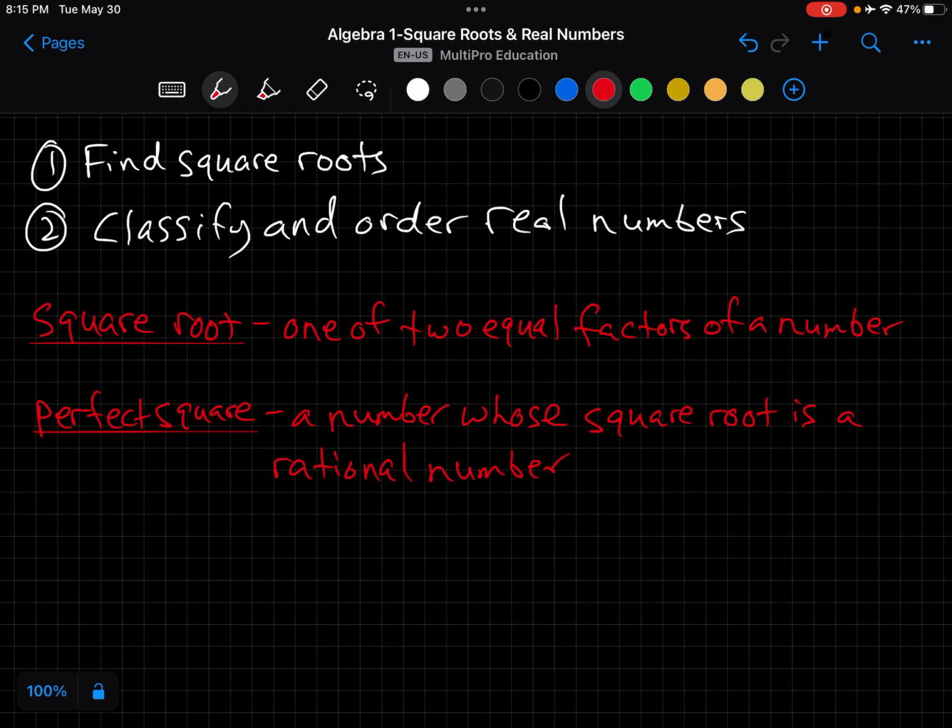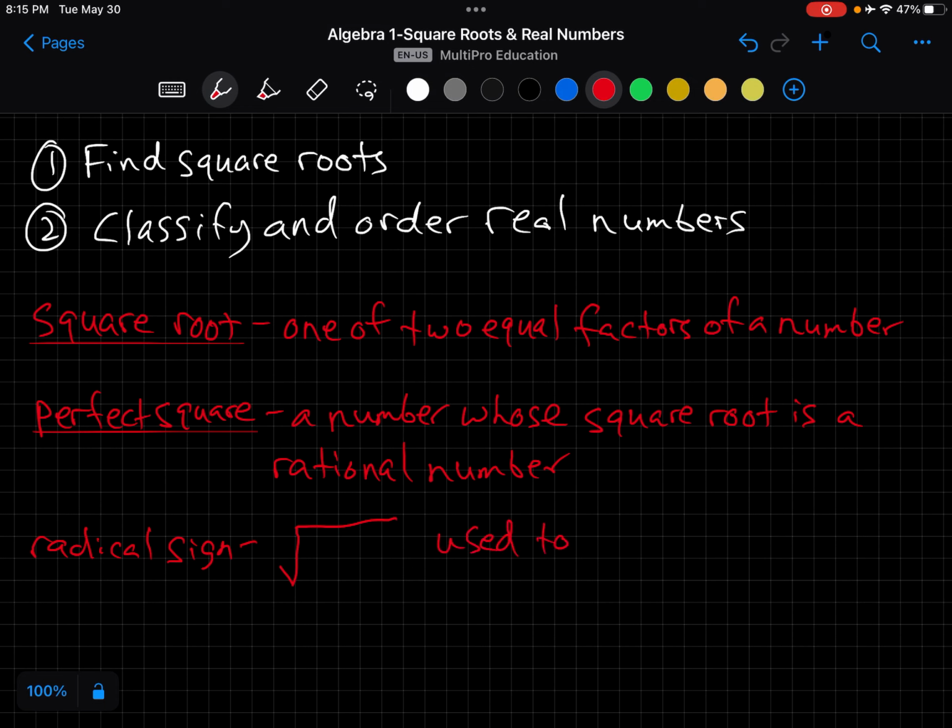Let's talk about another definition here. Radical sign. Whoa. What is that? Well, that's this thing here. That looks rad. Yeah, it's radical. Okay, so what does this do?